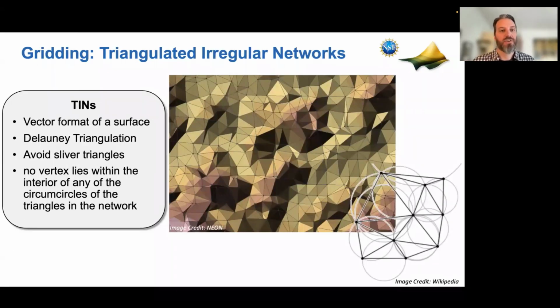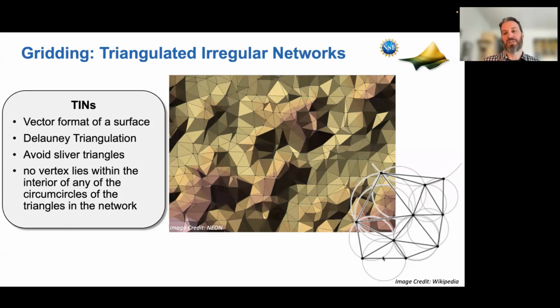So TINs, or triangulated irregular networks, most people are probably pretty familiar with these. These are a vector format of a surface, basically creating a surface from the points by connecting neighboring points with these triangles using a Delaunay triangulation method. These triangles are created such that if you created a circle around the 3 points in your triangle, there'd be no vertices within that circle.